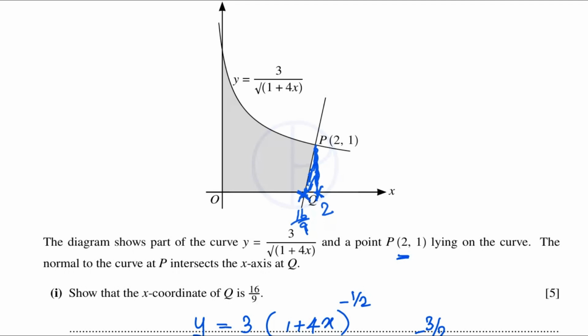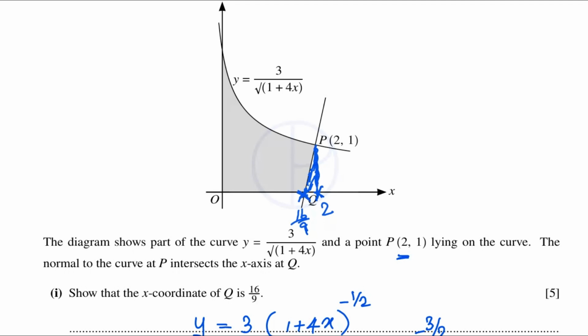To find the area of the shaded region, we need to calculate the area under the curve minus the area under the line. For the curve, we have to take the limit from 0 to 2. For the line, we are going to take the limit as 16 over 9 to 2. So this is one way.